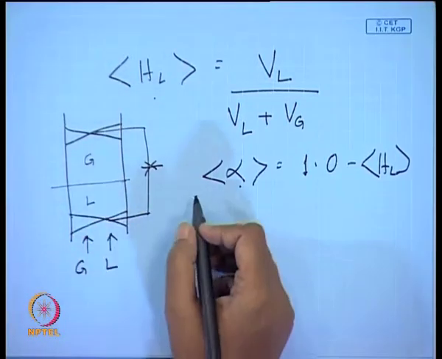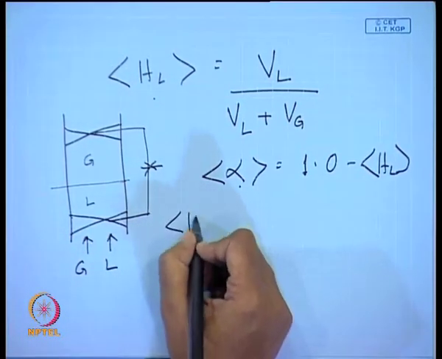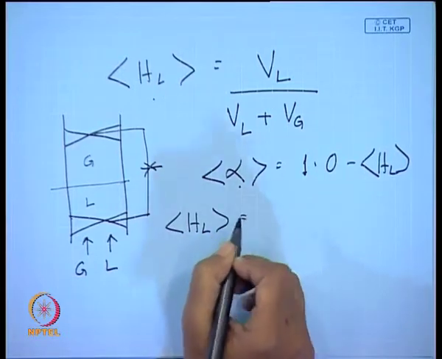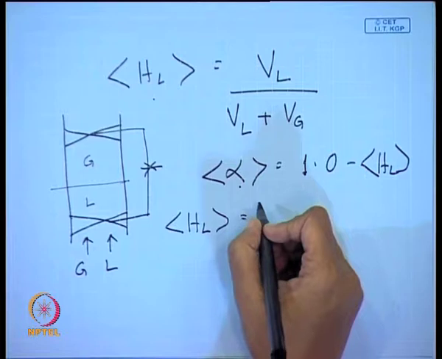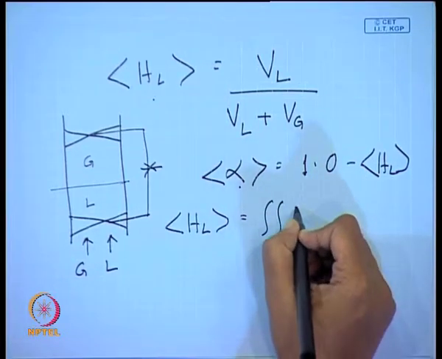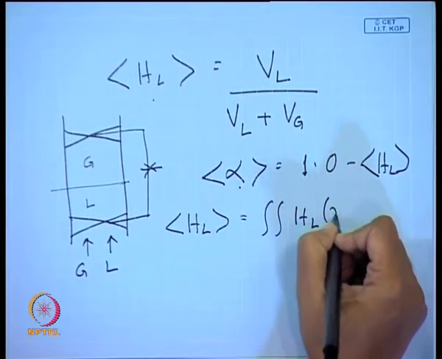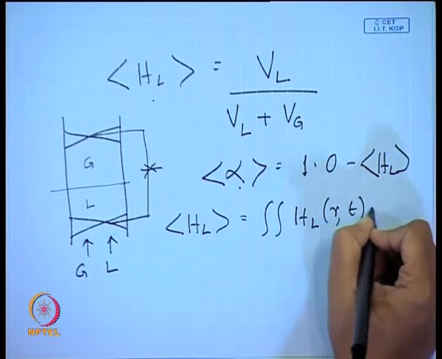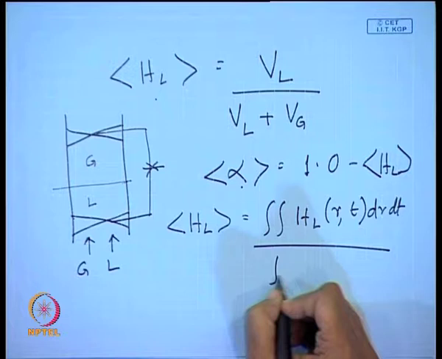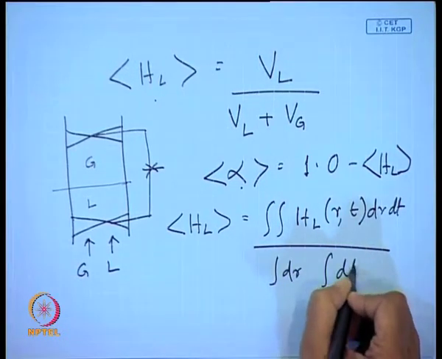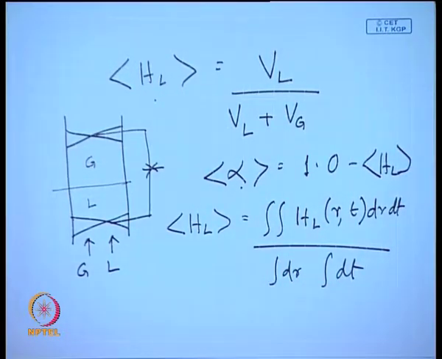Under such circumstances, when there are both temporal variations as well as variations with axial distance, HL is usually given as the integral of HL as a function of r and t, dr dt, divided by the total, this is simply the normal averaging law which you already know. Okay. For circular pipes we can use it in this particular way.